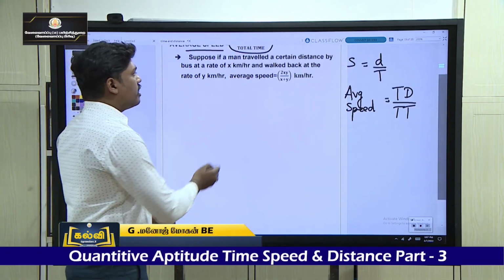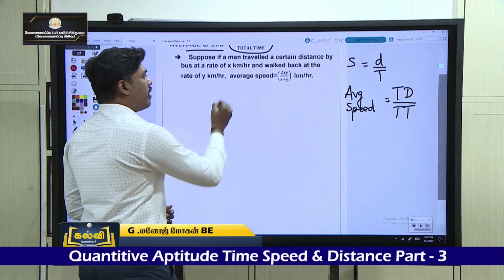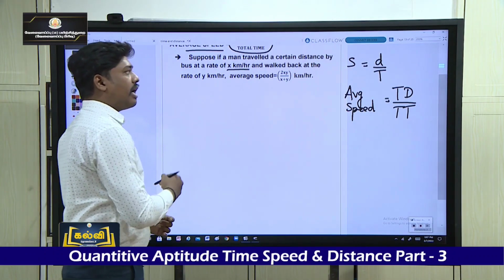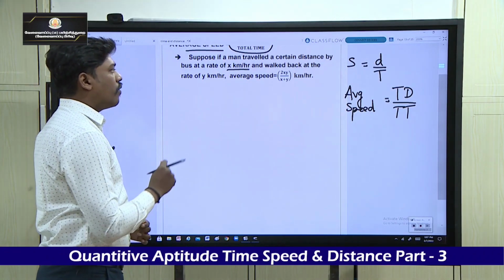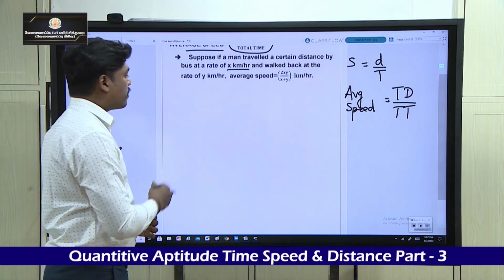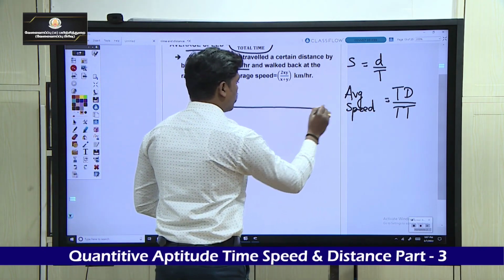Suppose a person traveled a certain distance by bus at a rate of x km/h and walked back at a rate of y km/h. What is the average speed of the person? Look at here.